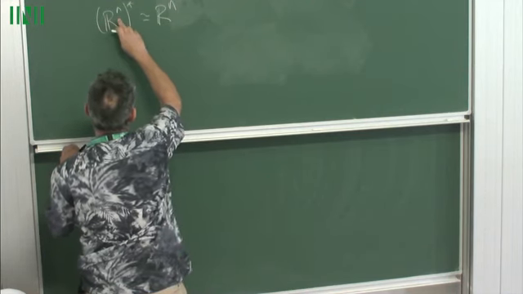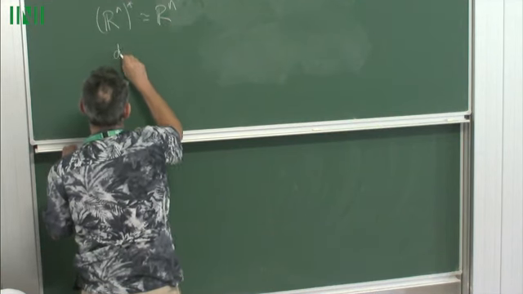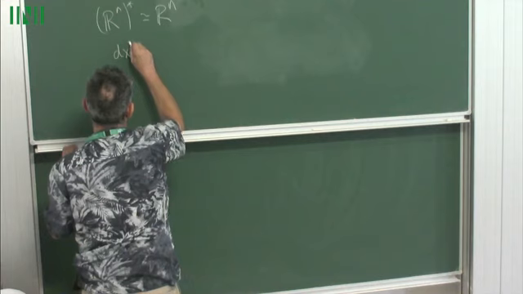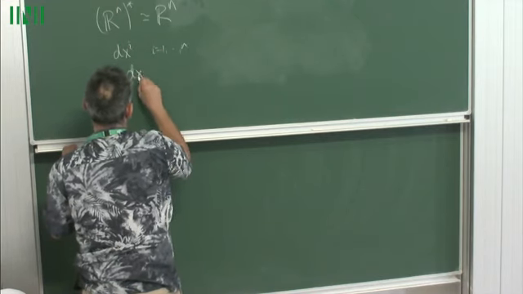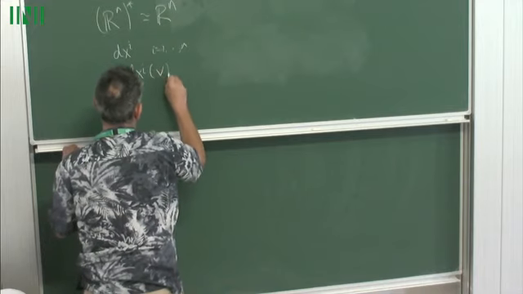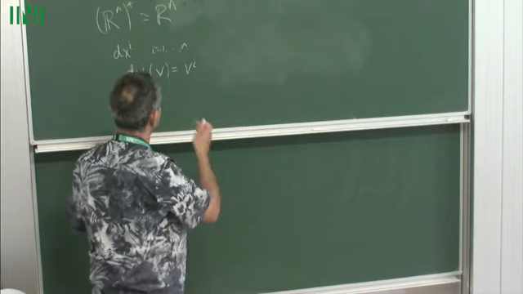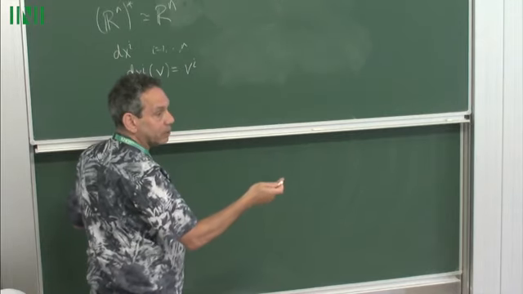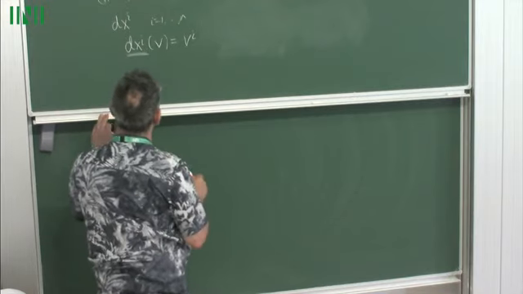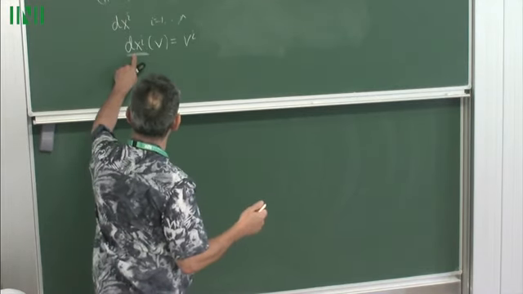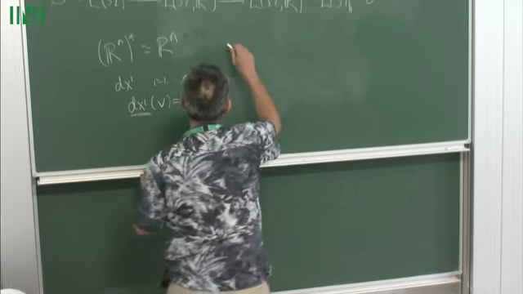We want to give a basis that will correspond to the standard basis of Rn, and the basis elements can be called dx_i, i equals 1 to n, where dx_i is by definition the thing that takes a vector in Rn and gives its ith component. So it takes the standard unit vector and gives 1, and the other unit vectors give 0. Okay, so that's the name used in this business for the standard dual basis to the standard basis in Rn, called dx_i.